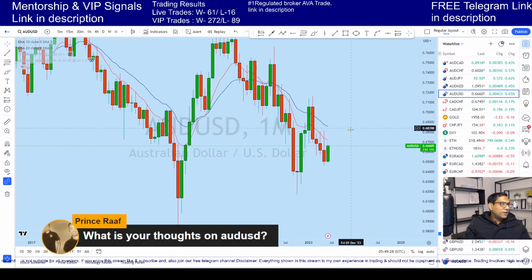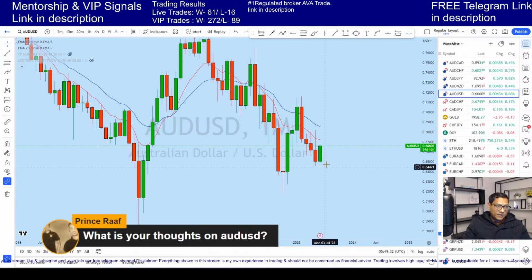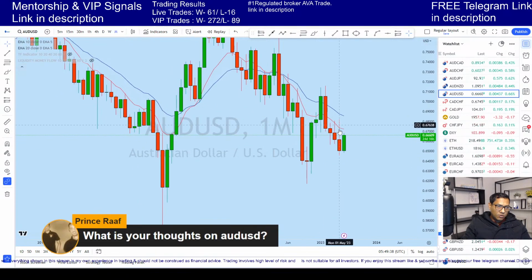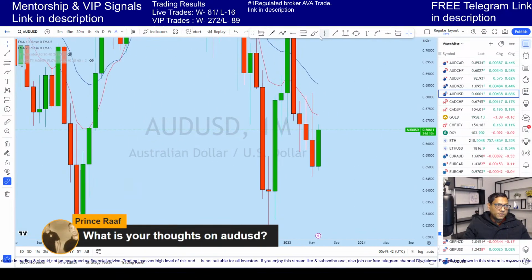The previous month was a bearish candle on the monthly, and once the market opened this month, we have seen that AUD USD formed a higher low in that area.